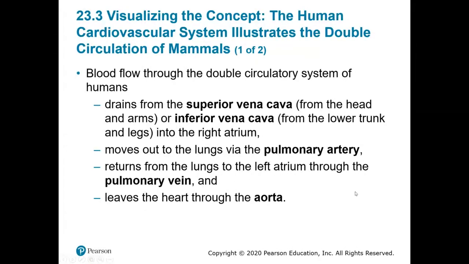All right. So the true definition of an artery is something that leaves the heart, and the true definition of a vein is something that enters the heart. So kind of keep that straight. It doesn't really matter if it's oxygenated or deoxygenated. But we typically think of the arteries as oxygenated because in the systemic circuit they are. But in that pulmonary circuit, they're just the opposite. So make sure you keep that in mind.